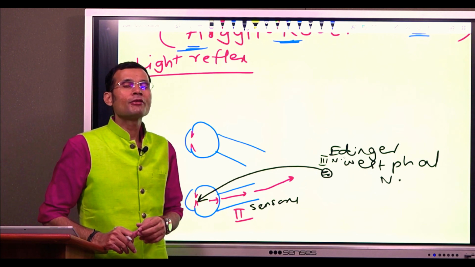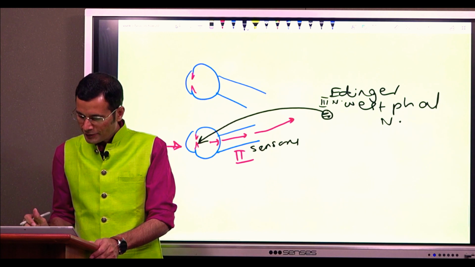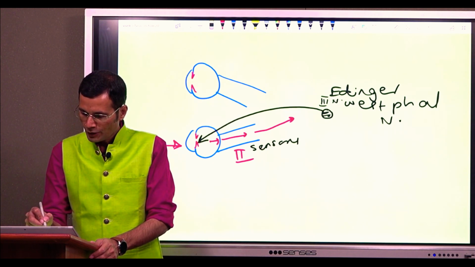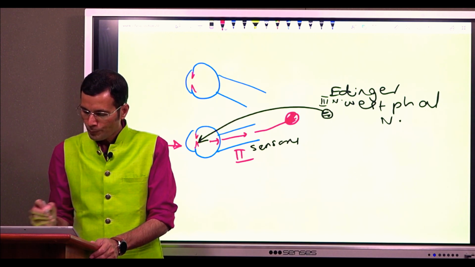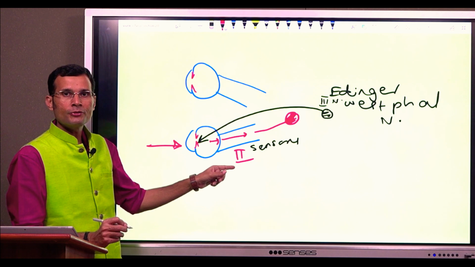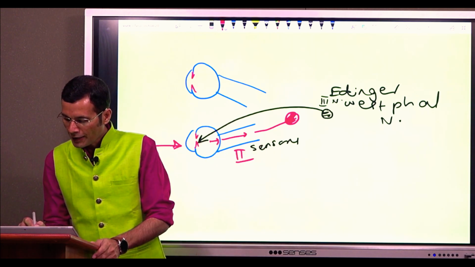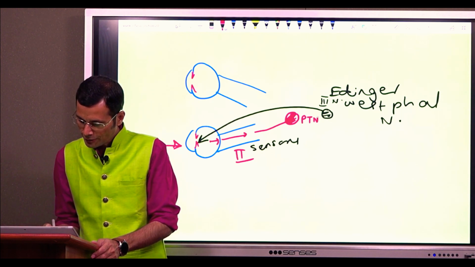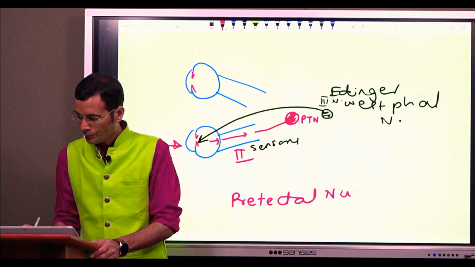But there is one link which we have not described here. That link is the pretectal nucleus. So, impulses from the second cranial nerve regarding the light are carried first to the pretectal nucleus.